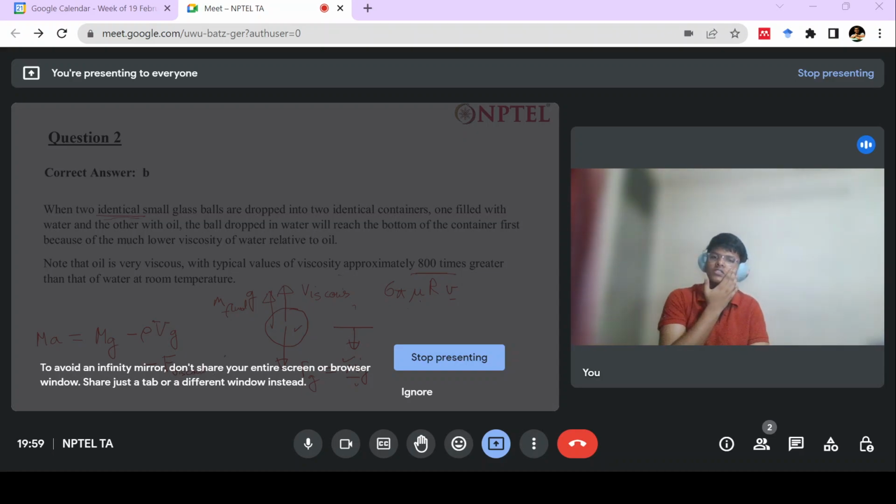When acceleration is zero, the gravity is balanced by the viscous and buoyancy forces, and we can find the terminal velocity from this equation by equating these forces.